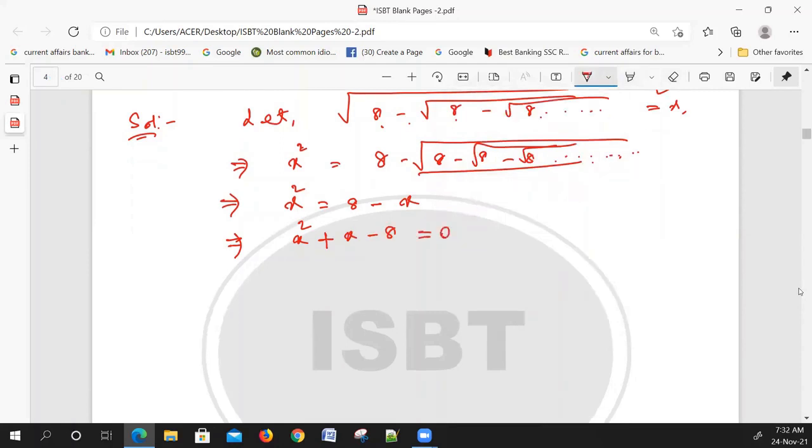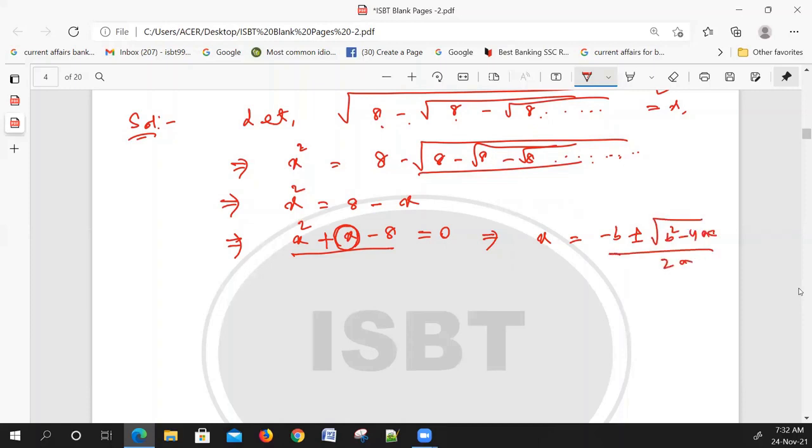minus 8 is equal to 0. Okay. In the next step, as in earlier questions, it is not possible to split x in the middle term, so you have to find the value using the quadratic formula. That is, x is equal to minus b plus or minus root of b square minus 4ac by 2a.